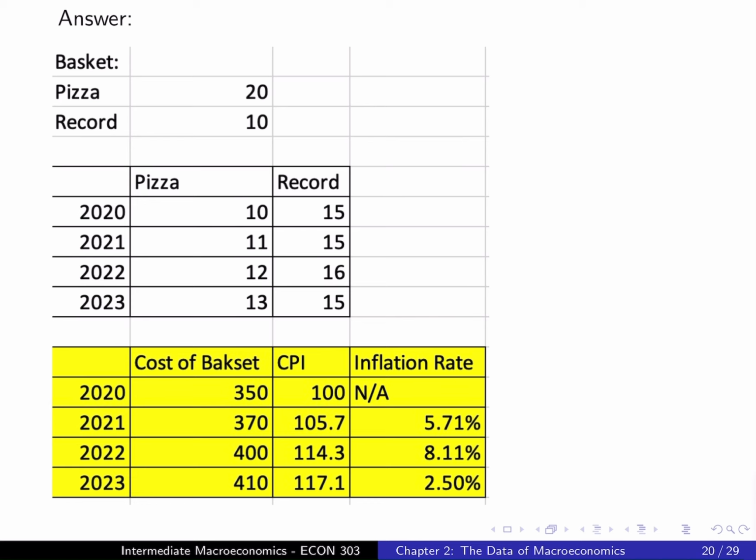Example for 2022, inflation rate equals (114.3 minus 105.7) divided by 105.7 times 100%. That equals 8.11%. Try computing the inflation rates for 2021 and 2023. Once finished, compare your results with the answer key. These calculations help us track how the cost of living changes over time and how inflation affects purchasing power year by year.